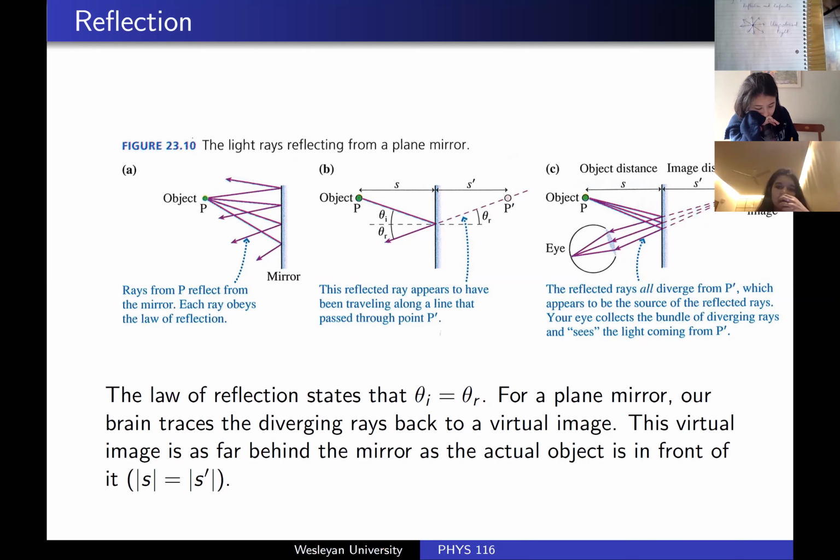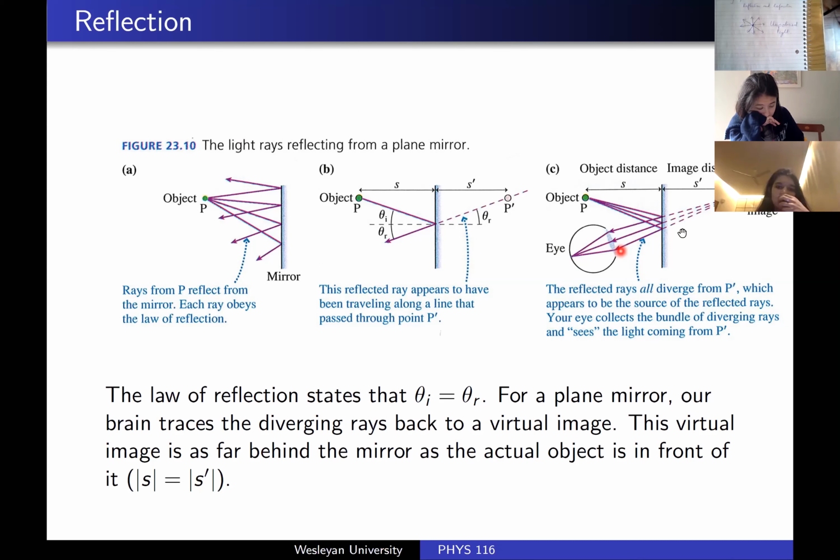So what happens with the plane mirror? We have some object here, maybe a light bulb, and you have multiple rays coming from it, and they reflect at slightly different angles each, because they didn't come in at the same angle. Eventually they go to our eye, and our eye will focus them. We'll talk about that in a little bit.